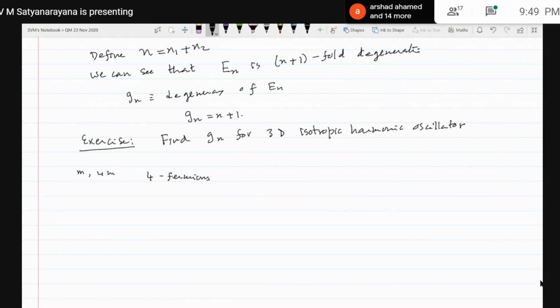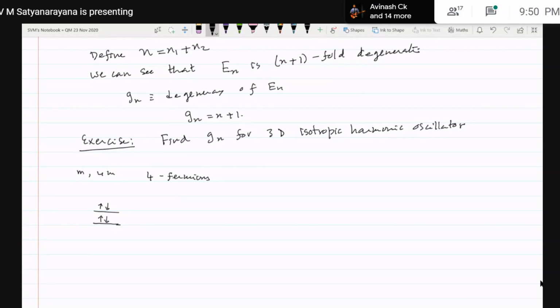And in a harmonic oscillator potential, what will be the distribution? The distribution will have the lowest energy, ground state or first excited. Okay. So you can see that your harmonic oscillator potential will have energy levels like this. Now, if there are 4 fermions, there should be 2 in the ground state and 2 in the first excited state.